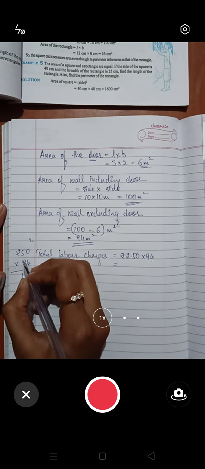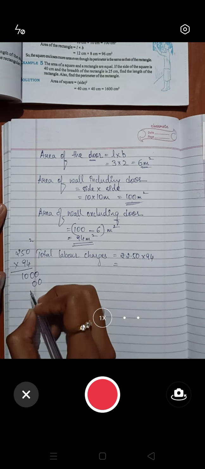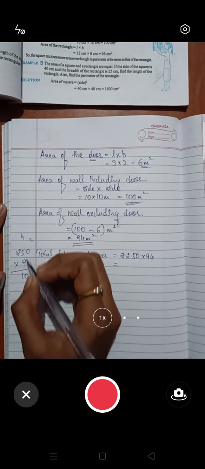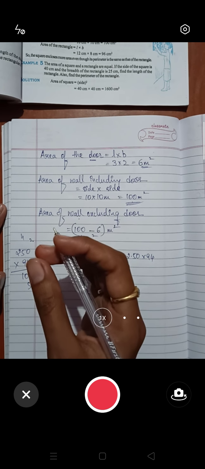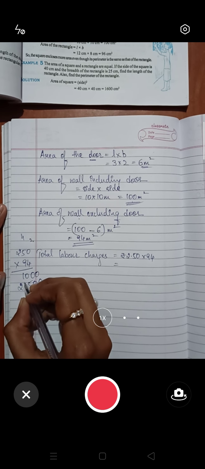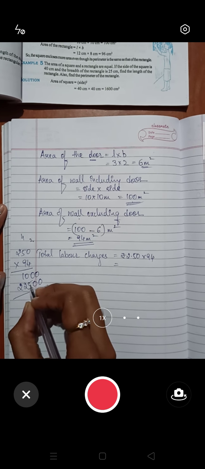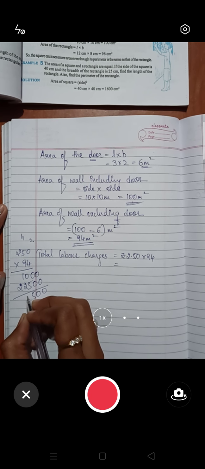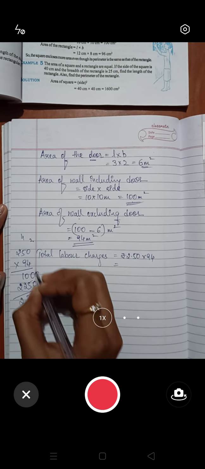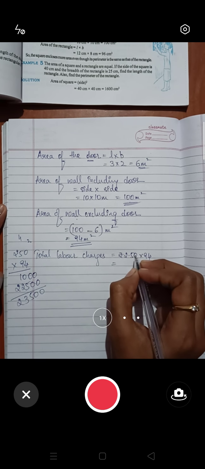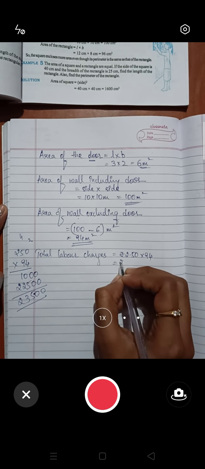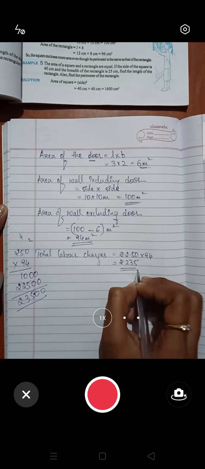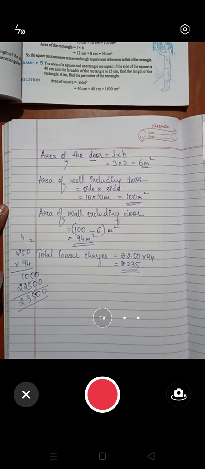And 0 again. 9 zeros are 0, 9 fives are 45, 4 being the carry, 9 twos are 18, 19, 20, 21 and 22. Now let us add. We had the decimal point after 2 digits. So it is rupees 235. It is the labor charges to be paid for painting the wall.